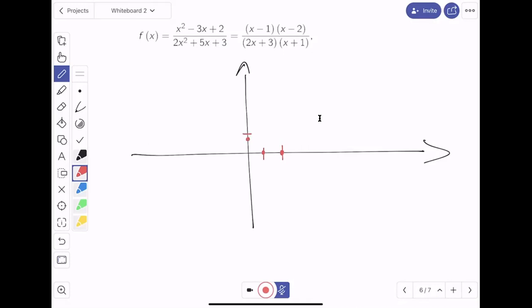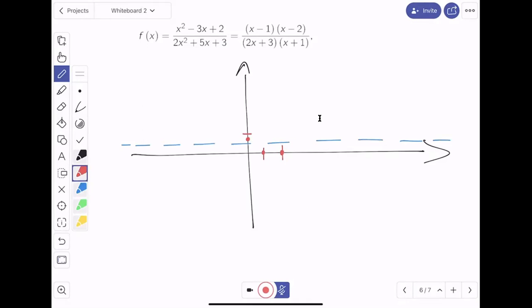All right, what else did we find? We found that we had a horizontal asymptote at 1/2.